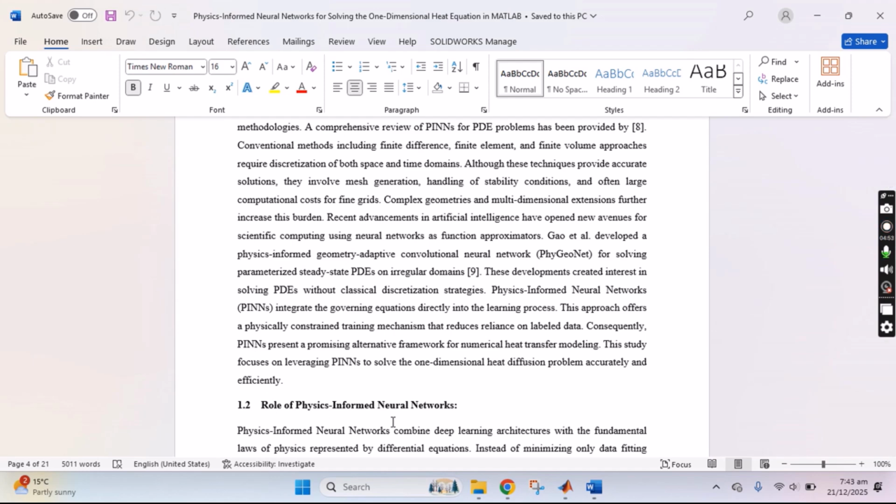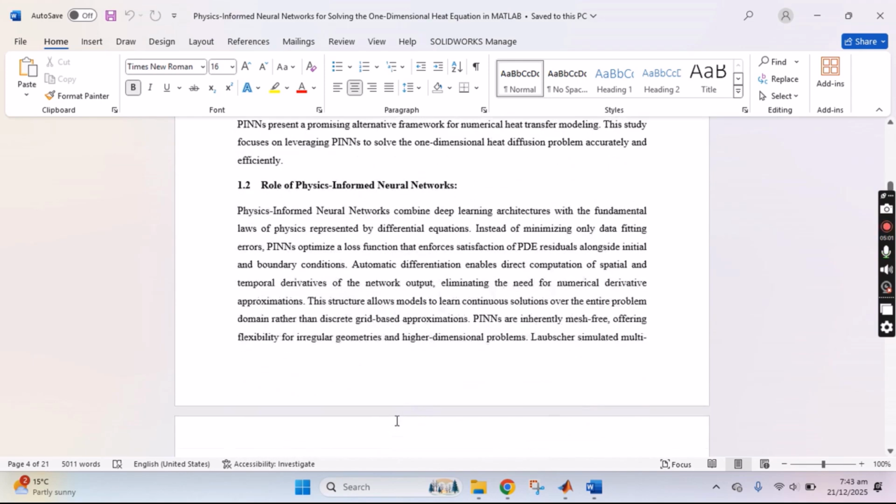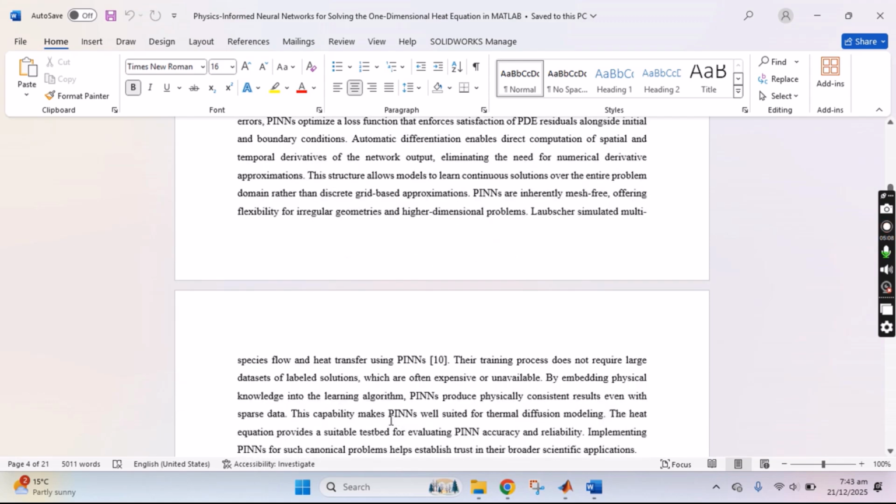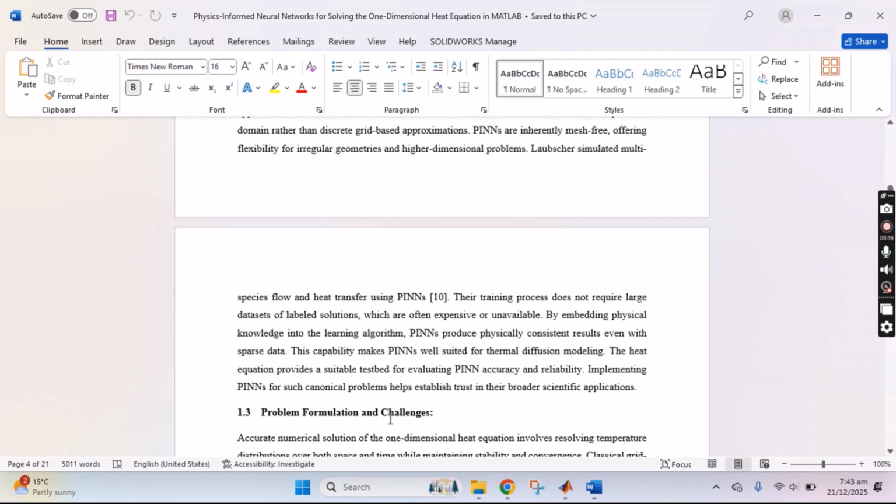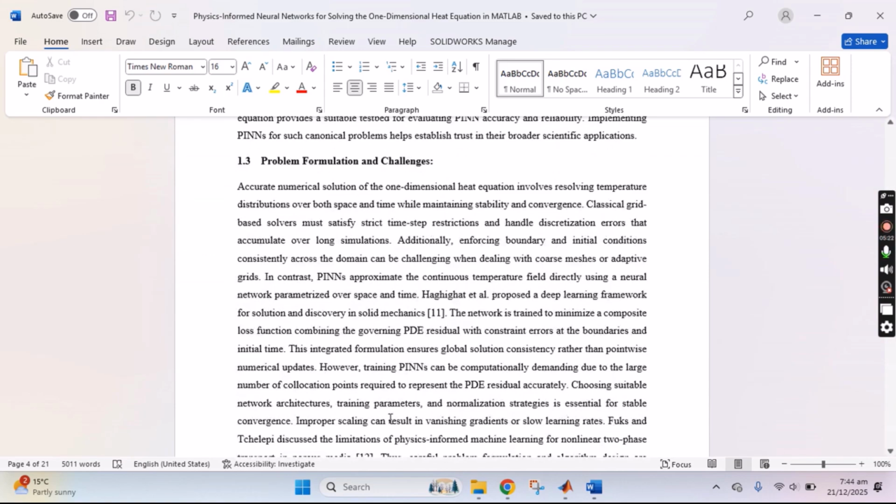Consequently, PINNs present a promising alternative framework for numerical heat transfer modeling. Here is the role of the physics-informed neural network: how it is capable of thermal diffusion modeling, and how it serves as a suitable test bed for evaluating PINN accuracy and reliability.